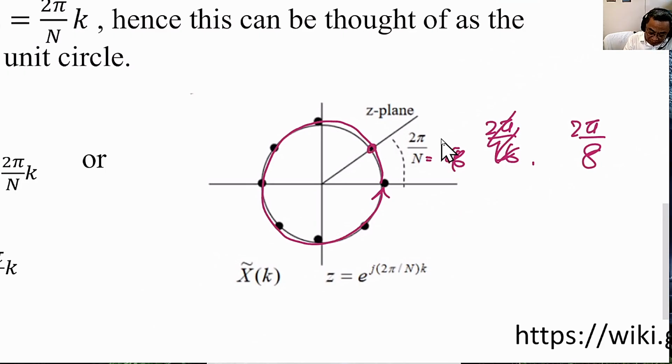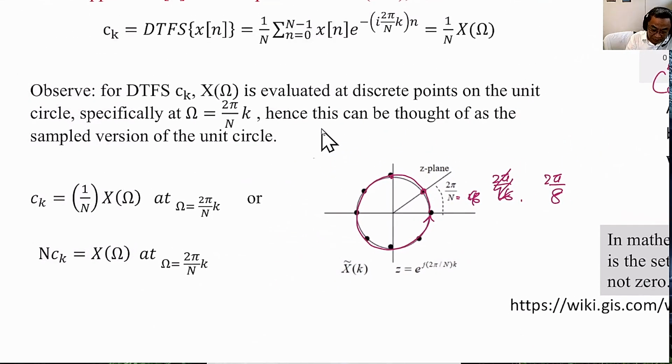What we are seeing is that we are dividing this circle into 8 points, and these 8 points are sitting on this circle at this particular angle. And this way of thinking about it is that we are performing a sampled version of the unit circle, and if X of omega is from 0 to 2 pi, then c_k is the sampled version at this particular angle only.